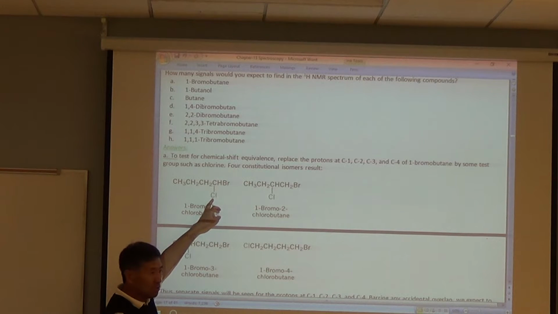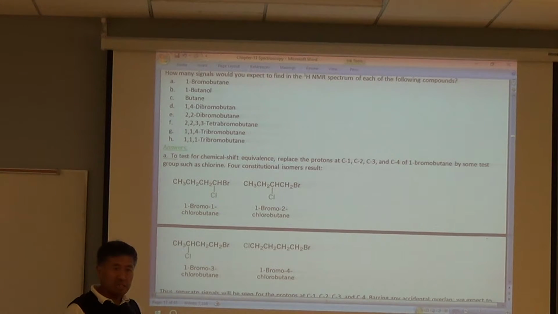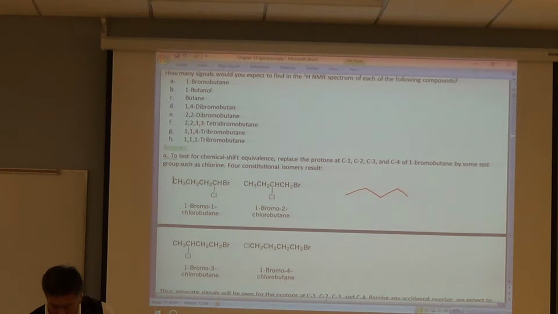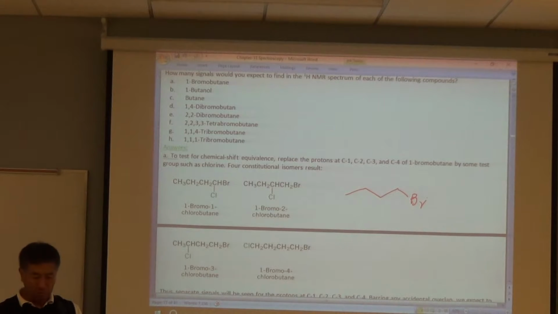We don't have the chlorine on A. The chlorine on A is just used to identify whether they are the same H or not. So these are our initial molecules, and you want to identify how many different signals you can get.